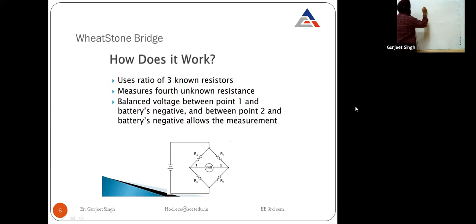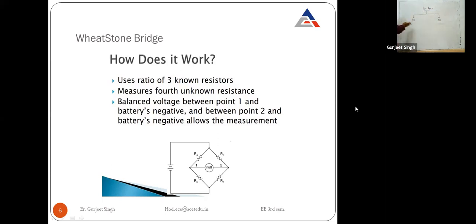The bridges chapter mainly consists of two types. First, the DC bridge, and second, the AC bridge.